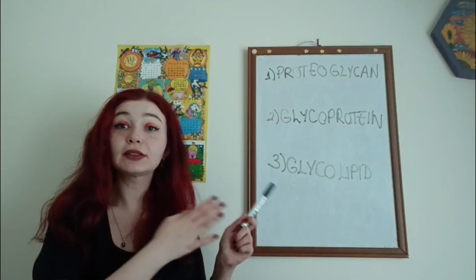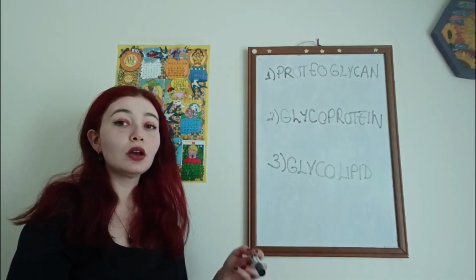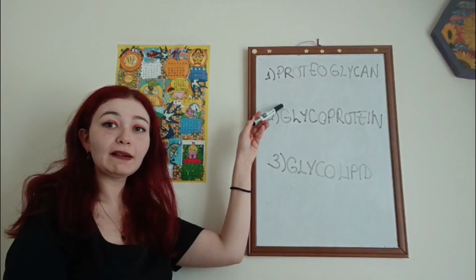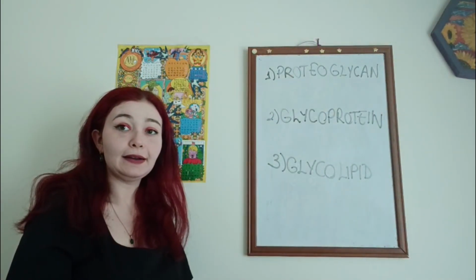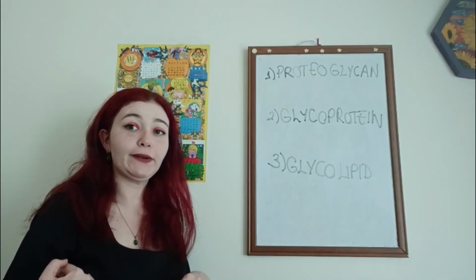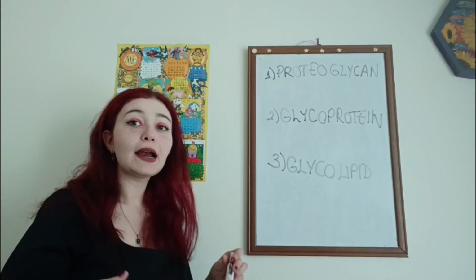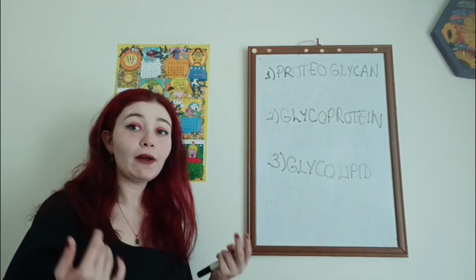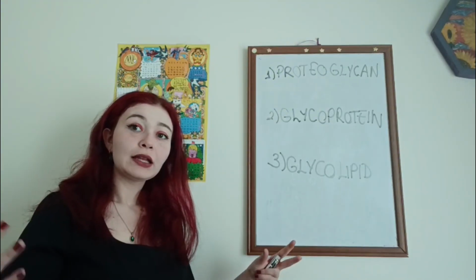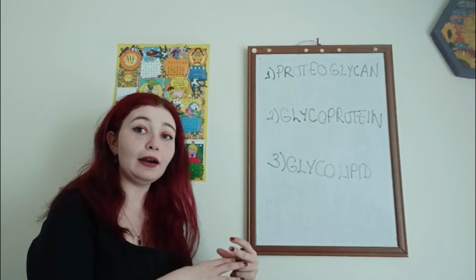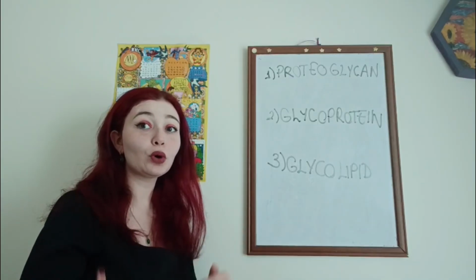Let's look at the 3 major players. Firstly, proteoglycans. These are the massive macromolecules in your extracellular matrix. They are mostly sugar, glycosaminoglycans. These sugars are attached to a core protein.